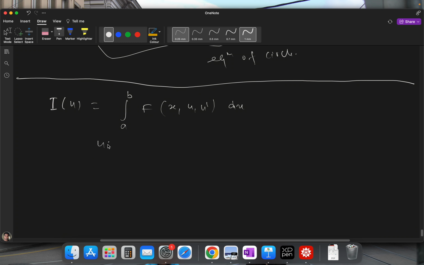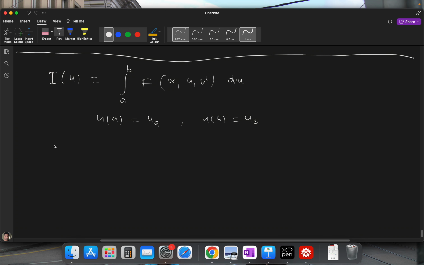Okay, and you know that u(a) is given equal to ua, u(b) equal to ub, and let's take a variation. Let the variation be alpha v.